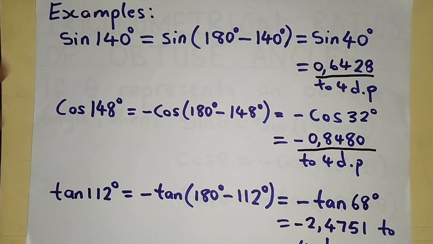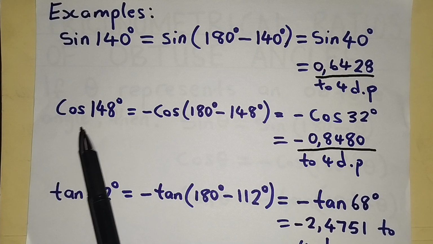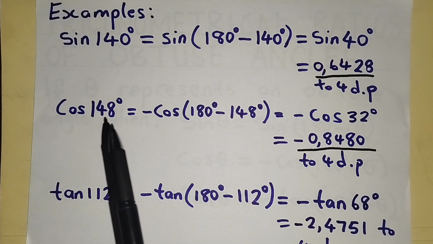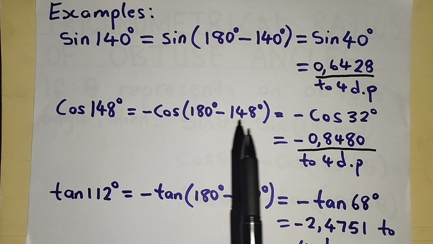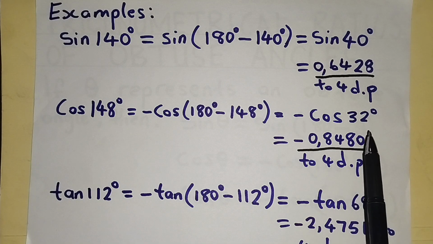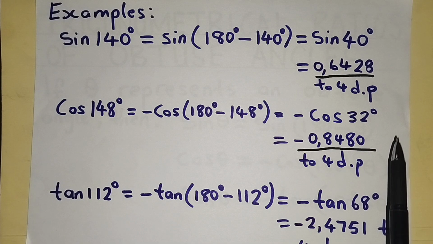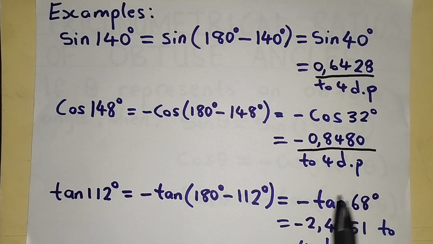Okay, let's move on. The cosine of the obtuse angle 148 degrees equals minus cos of 180 degrees minus 148, which equals minus the cosine of the acute angle 32 degrees, which is equal to minus 0.8480 to 4 decimal places.